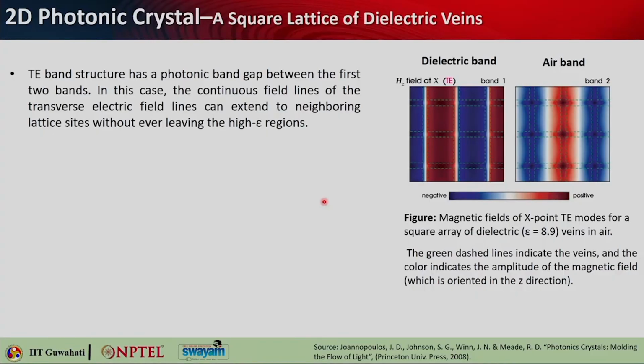But if you look into the TE band structure, there is a photonic band gap between the first band and the second band, that is, the dielectric band and the air band. In this case we will be plotting a jet like before. The continuous field lines of the transverse electric fields can extend to neighboring lattice sites without ever leaving the high permittivity region.